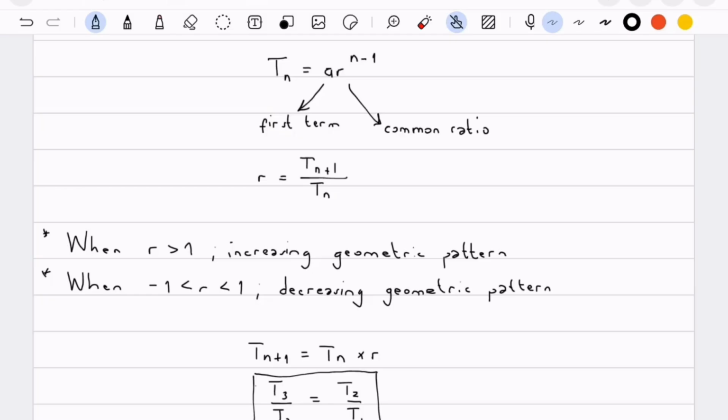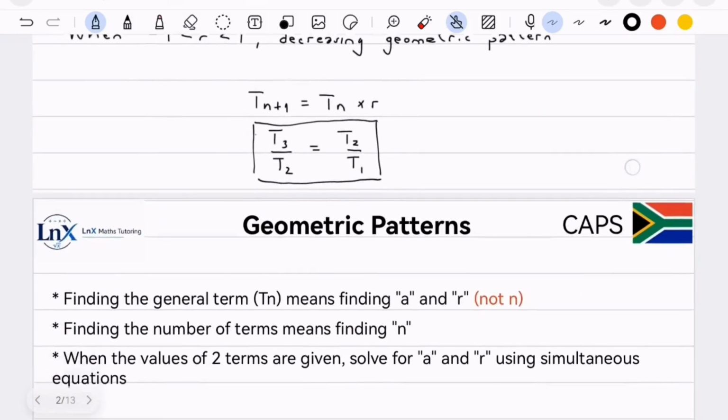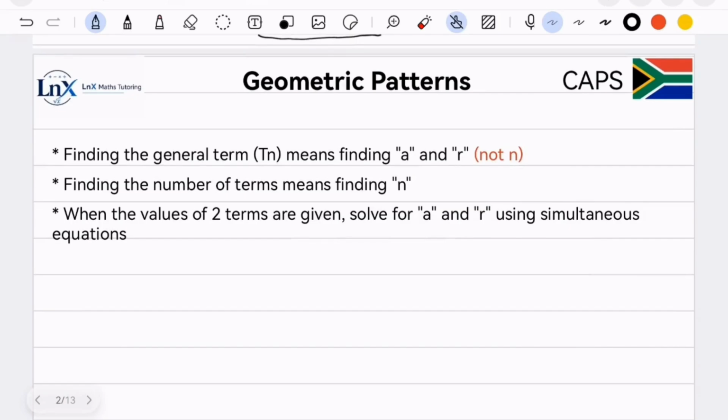So here's a toolbox that can help in terms of solving geometric pattern equations. When they say find the general term, this means find A and R. A we know is the first term, and R is your common ratio, not n, which is your number of terms. Finding the number of terms means finding n.